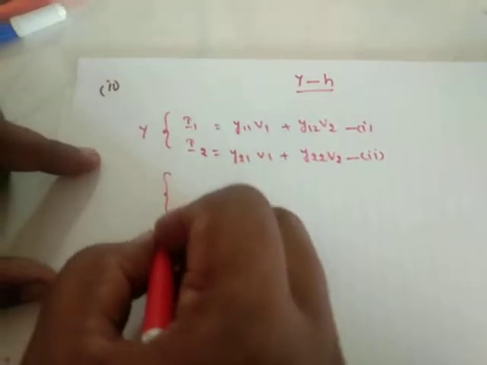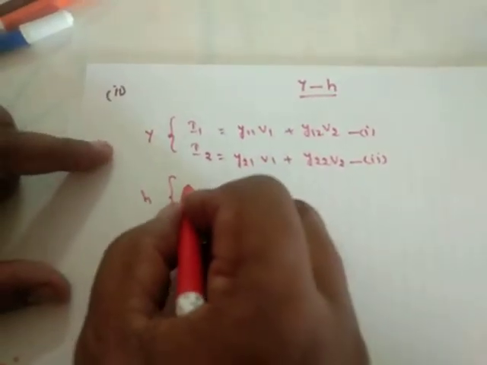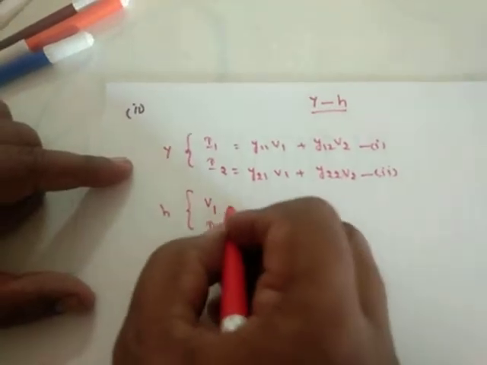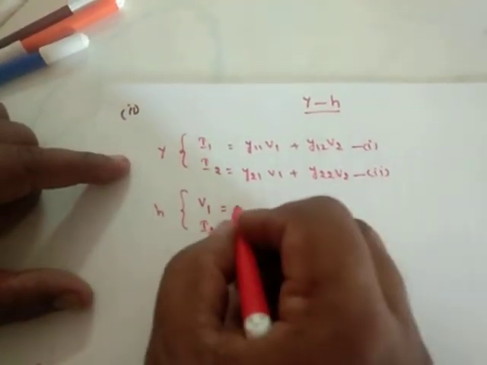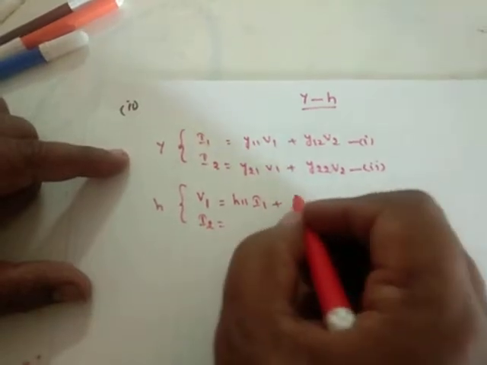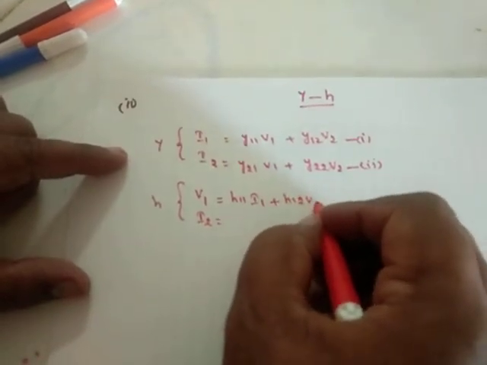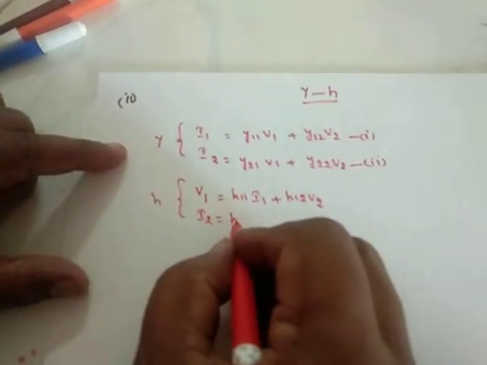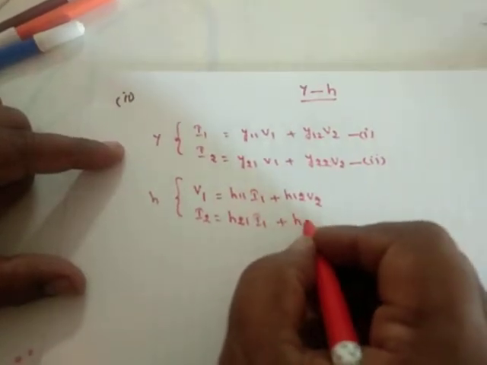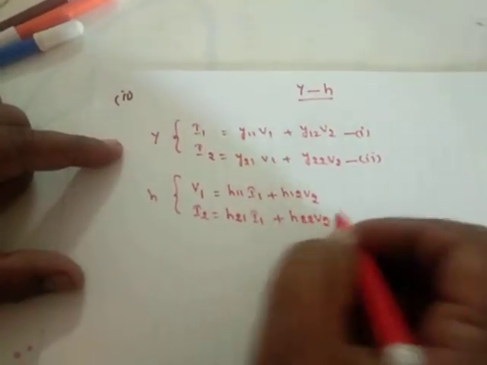Similarly for H parameters. Here in H parameters V1 and I2 are dependent variables. V1 is equal to H11 I1 plus H12 V2, then I2 is equal to H21 I1 plus H22 V2.